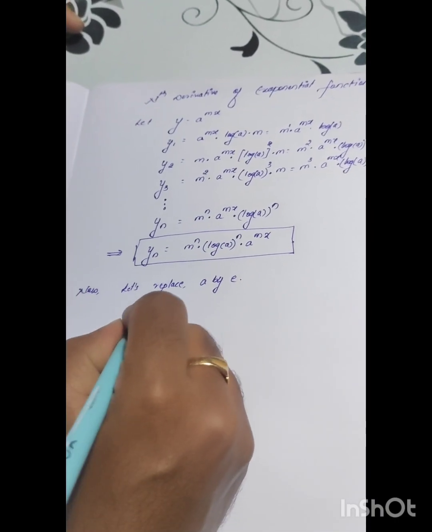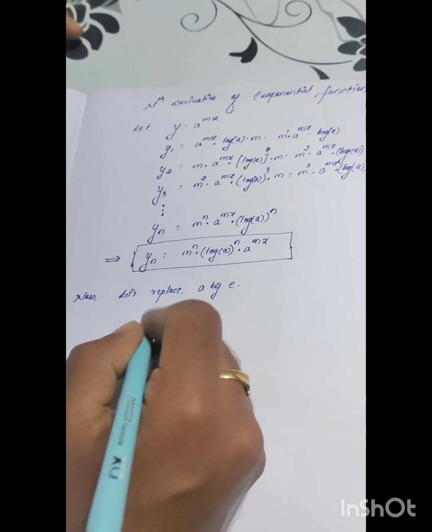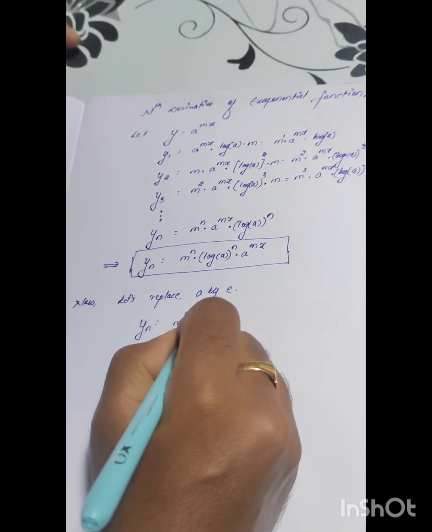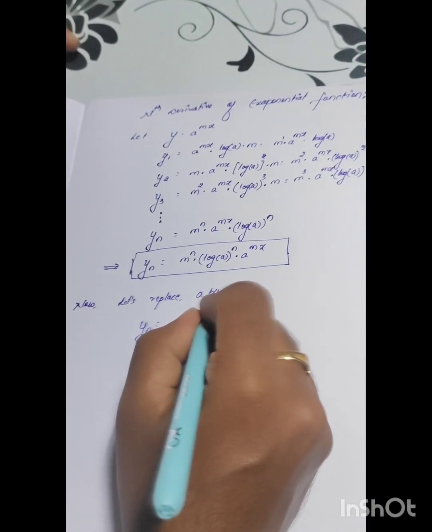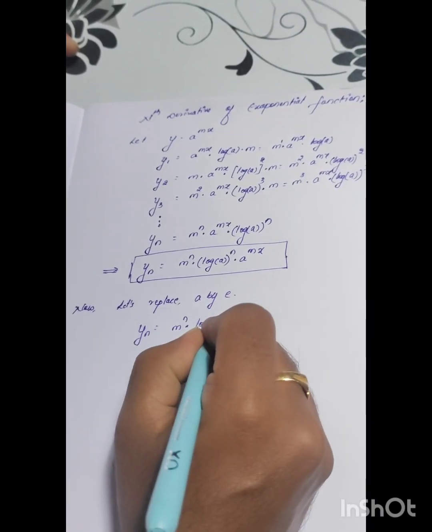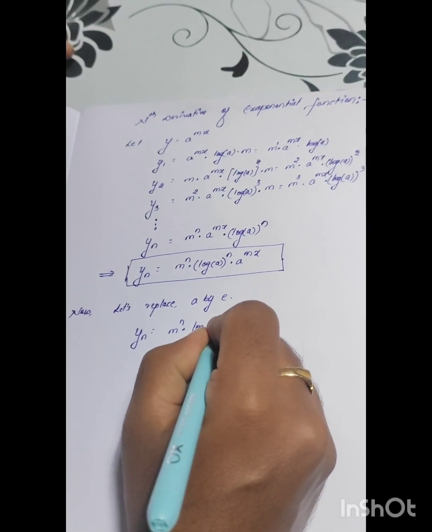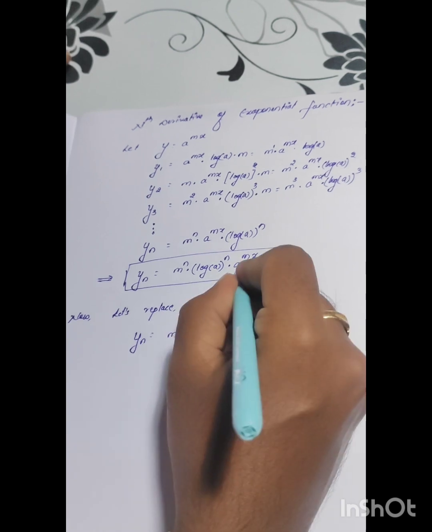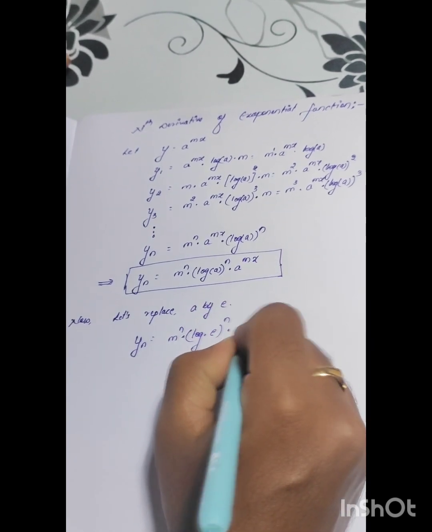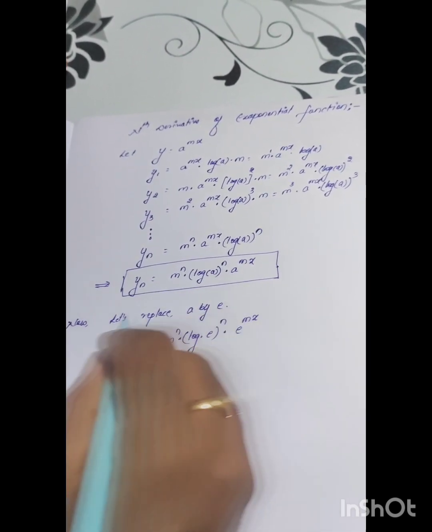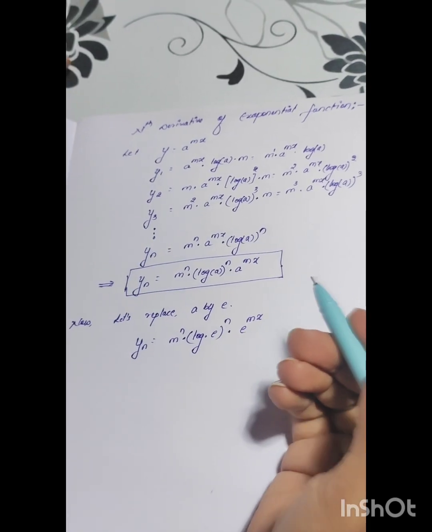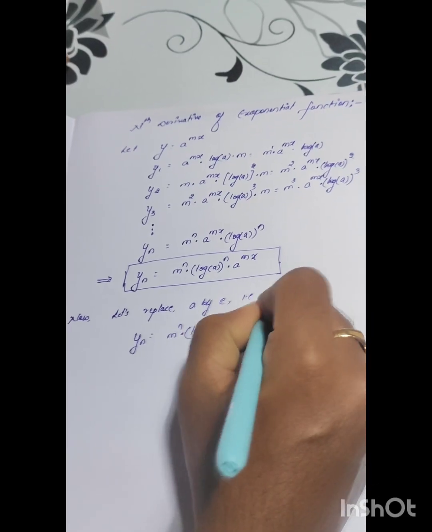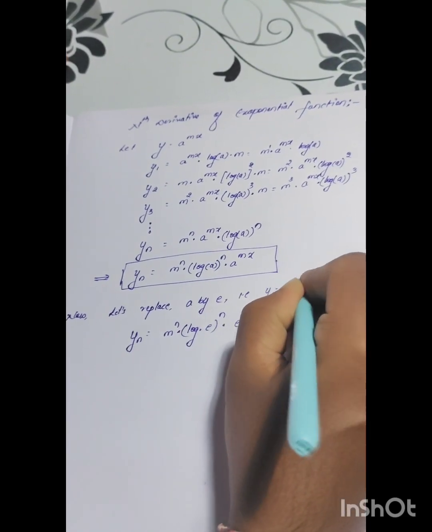This implies that yn will be equal to m raised to n into log of e raised to n into, here a will be replaced by e, so e raised to mx, that is for y equal to e raised to mx, which I am taking.